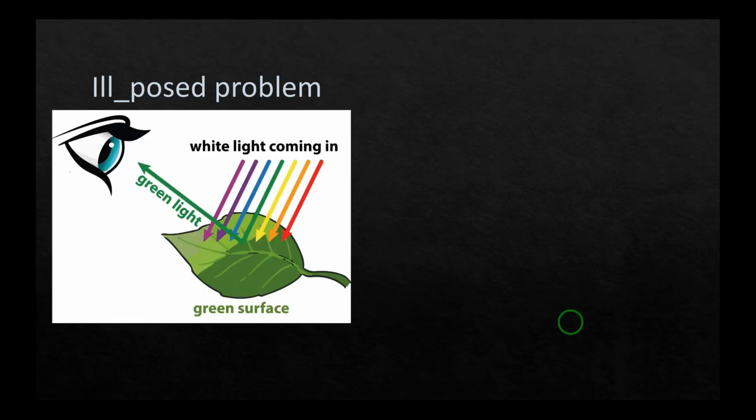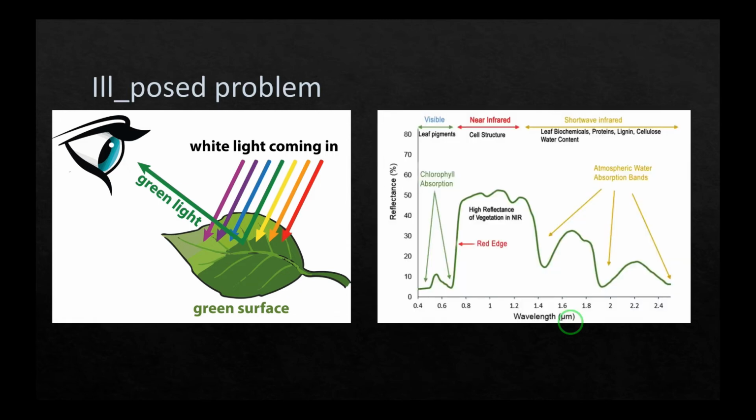If, for example, we have three color variables, which we call RGB, we have at least 31 unknown variables, which are the values of the spectral reflectance at each wavelength, of course across the visible spectrum from 400 to 700 nanometers at 10 nanometer intervals.